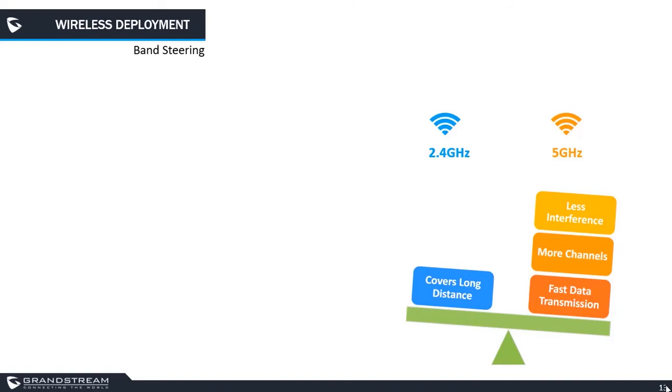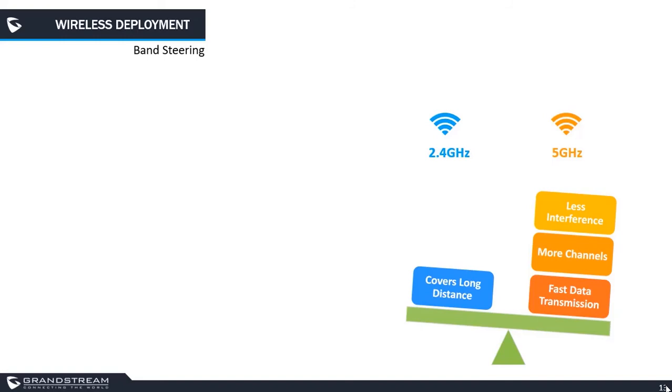Besides these basic differences between 2.4 and 5 gigahertz, there are other factors that might determine which band your devices should utilize. For example, if you have mobile devices that move around a lot over a large area with fewer access points, you might want to use 2.4 because of the long distance coverage it provides, and because 2.4 gigahertz can penetrate solid objects more easily than the 5 gigahertz band.